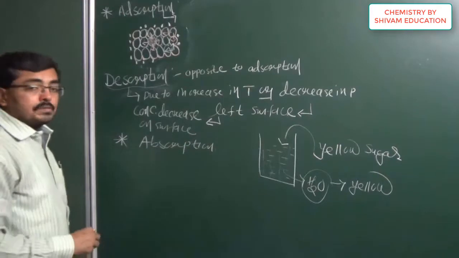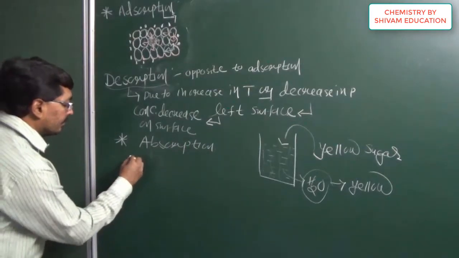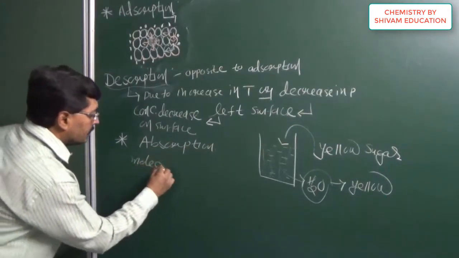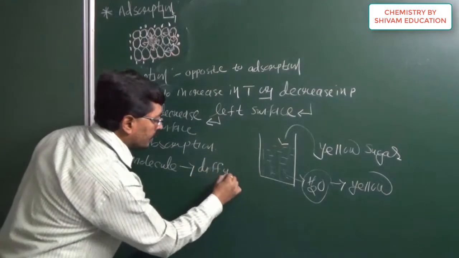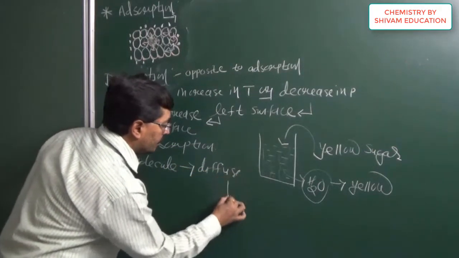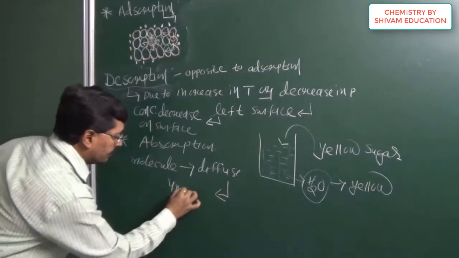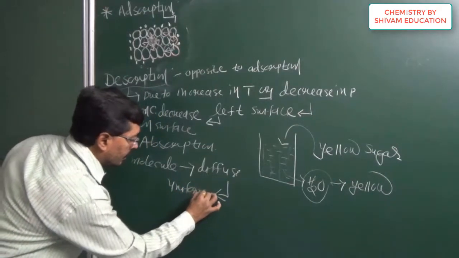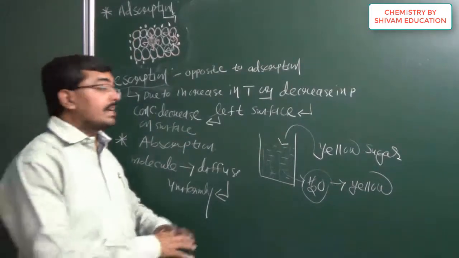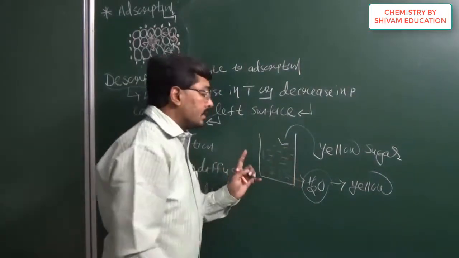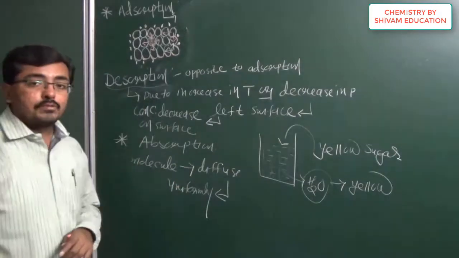So what is meant by absorption? If molecules spread, or we can say diffuse, uniformly, it means the concentration is equal throughout. Then such a phenomenon is known as absorption.